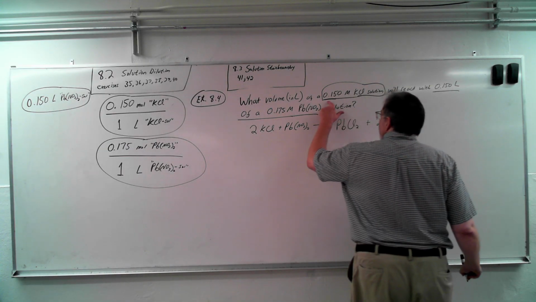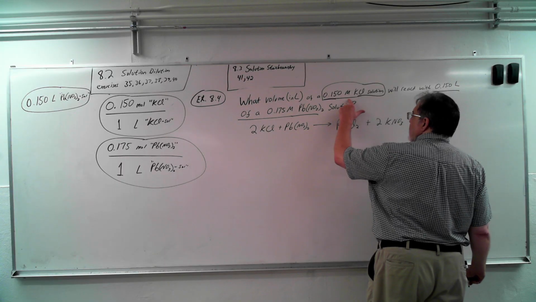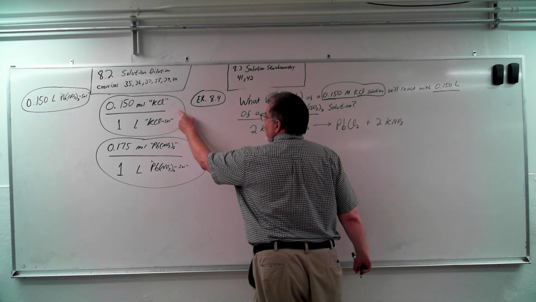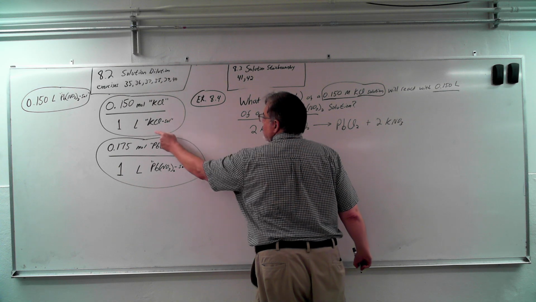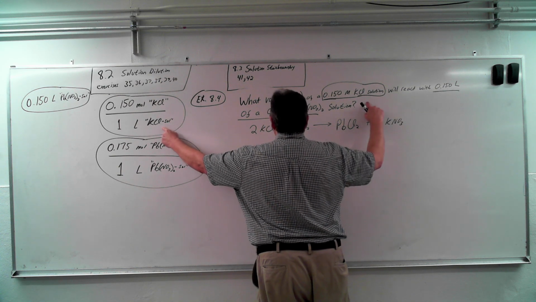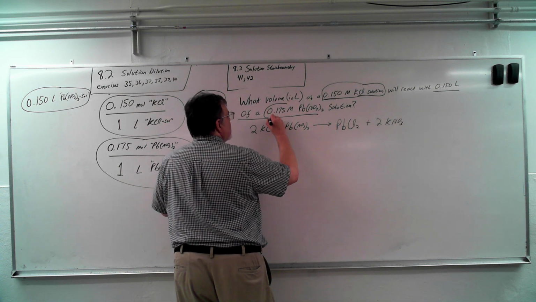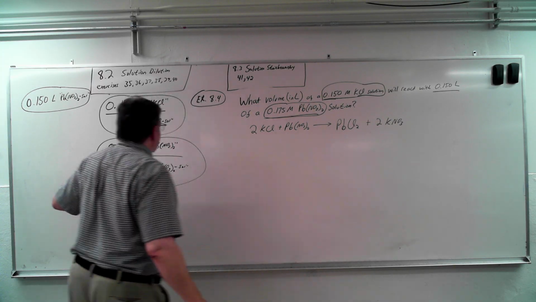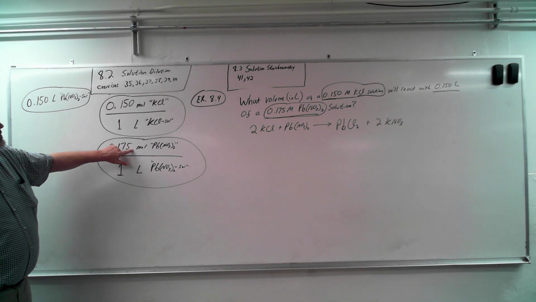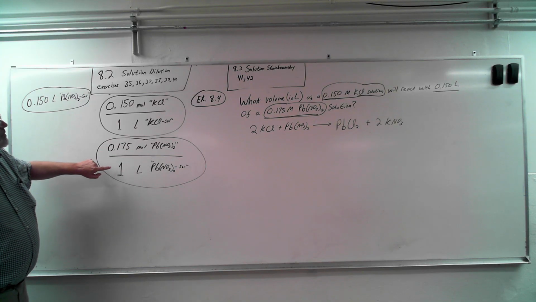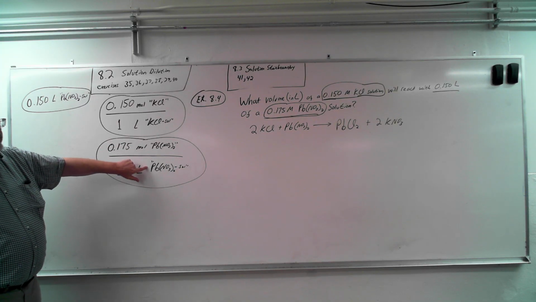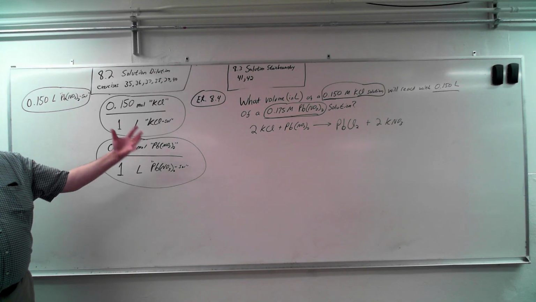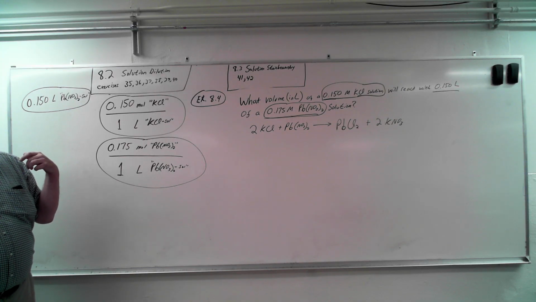But notice 0.150 molar KCl solution, I turned into this: 0.150 moles of KCl to 1 liter of KCl solution. And then this I turned into this: 0.175 moles of Pb(NO3)2 in 1 liter of Pb(NO3)2 solution. You with me? Peeling that out makes this a lot more helpful.